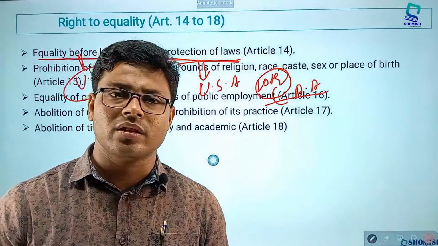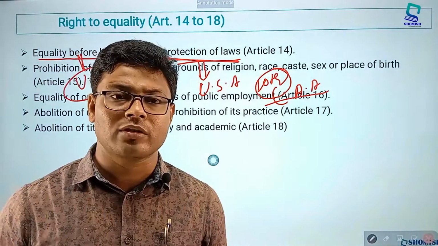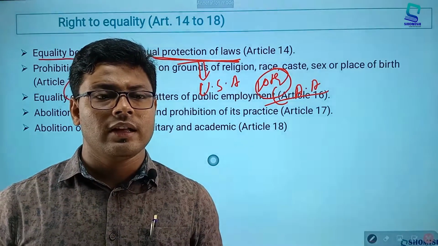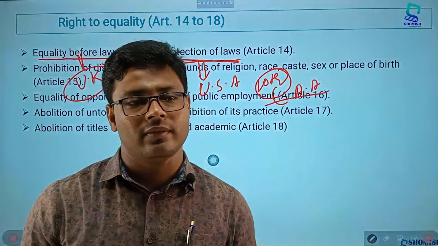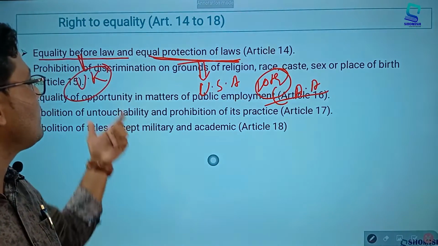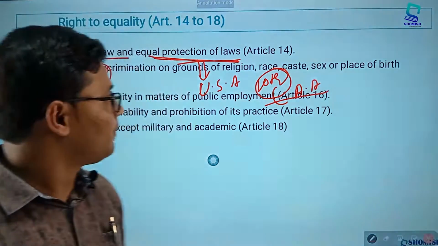Not only the president, the governor, members of parliament, members of legislative assembly, and ambassadors basically get immunities with respect to equality before law.